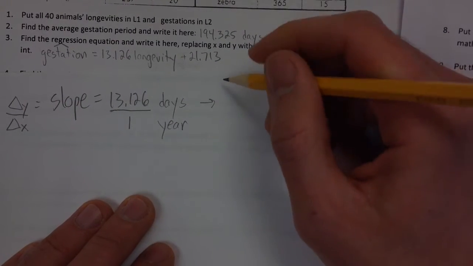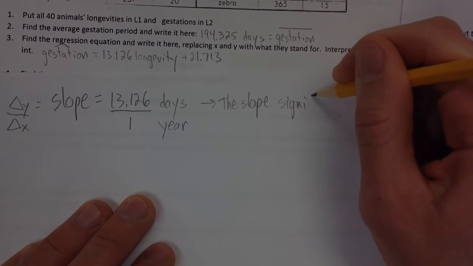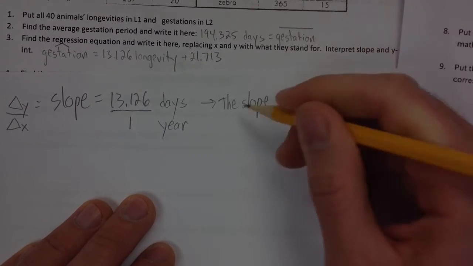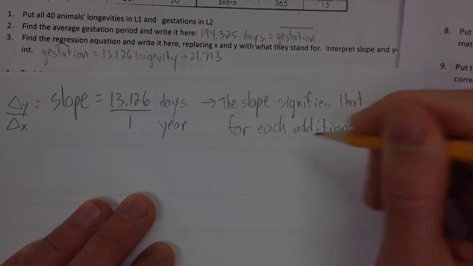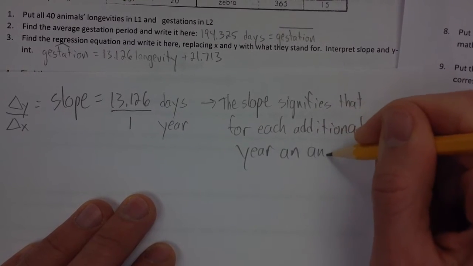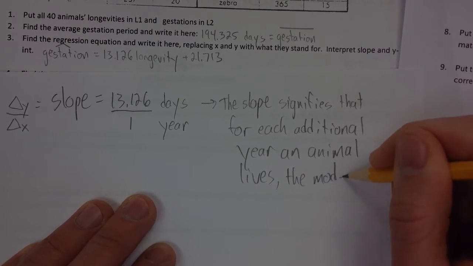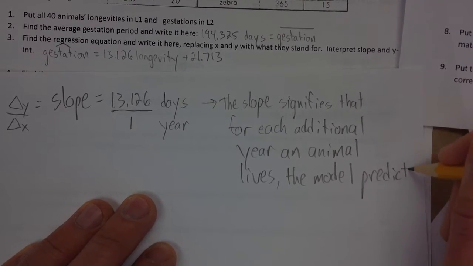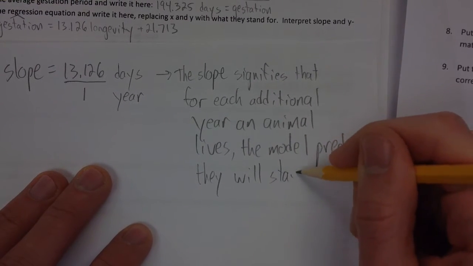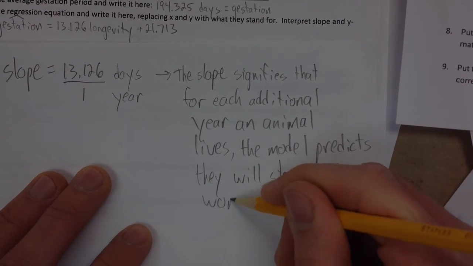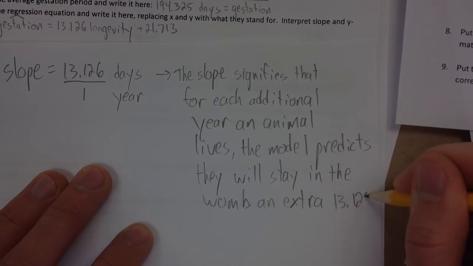Okay. So the slope signifies that for each additional year an animal lives, the model predicts they will stay in the womb an extra 13.126 days.